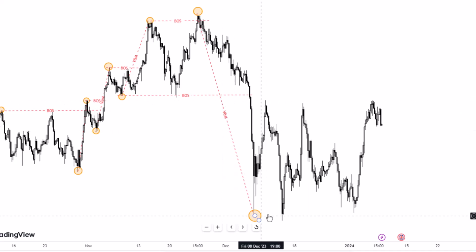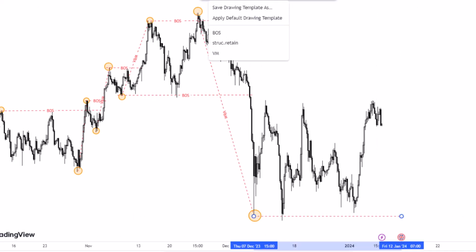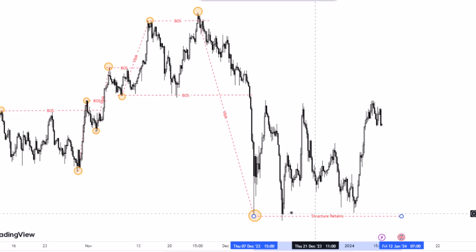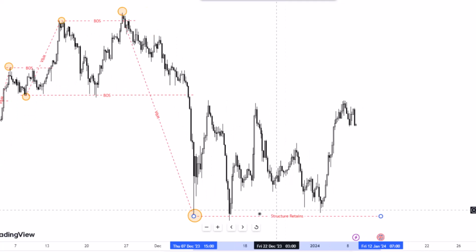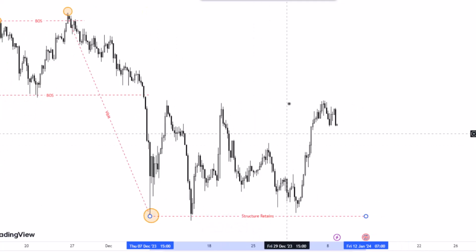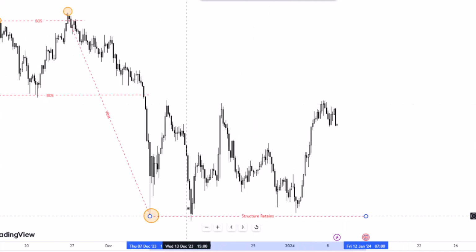Immediately price created this lowest low, it then retraces back. As it came back into this level, take a look. What happened? It fails to break structure. Instead, it retains and bounces up again. If you notice carefully here, the 4-hour candle which came traded into our structure and bounces back.